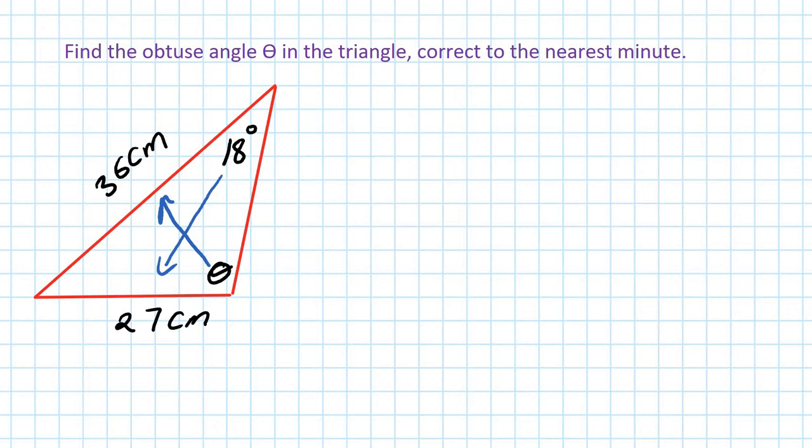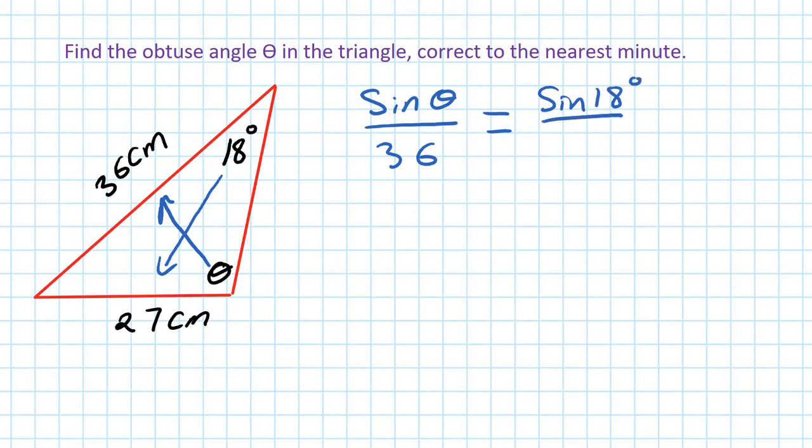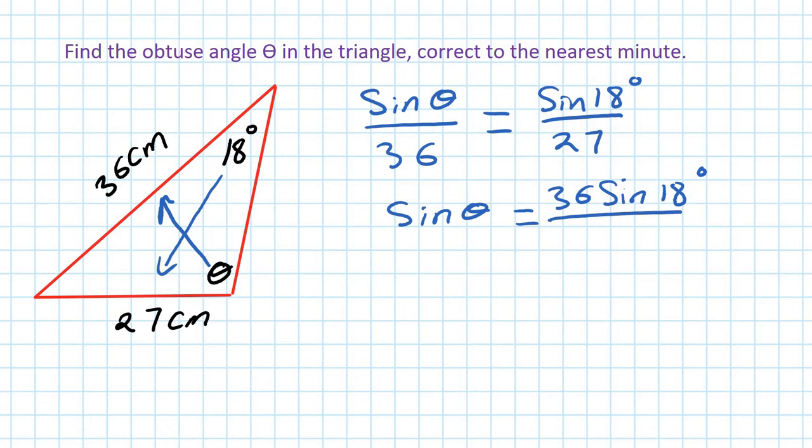So what I do, I write sine of theta over 36 is equal to sine of 18 degrees over 27. Now I times 36 on both sides, so sine theta is equal to 36 sine of 18 degrees over 27. Just write this down first.